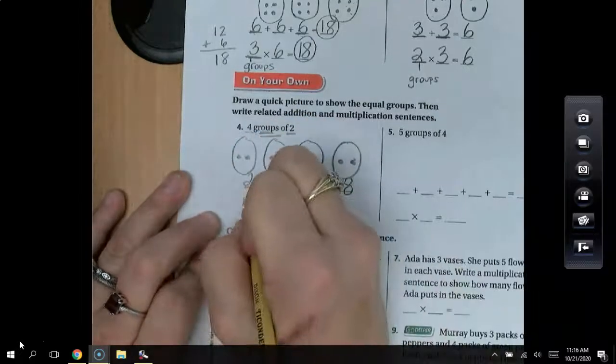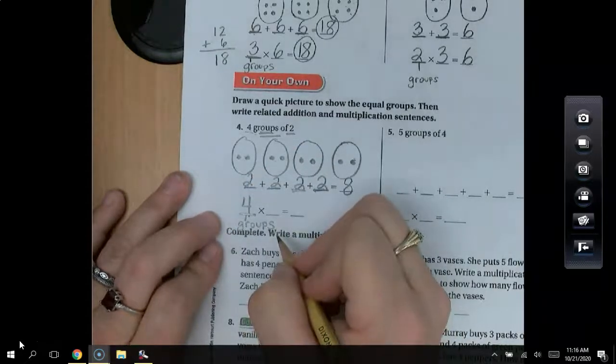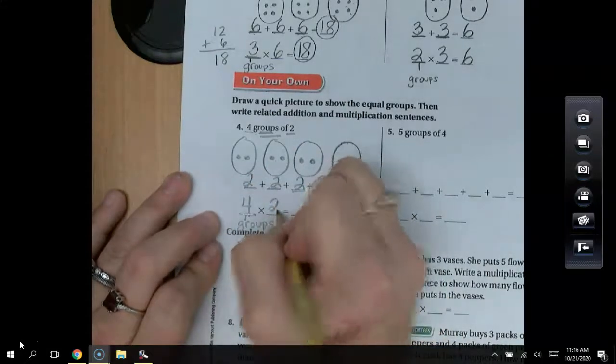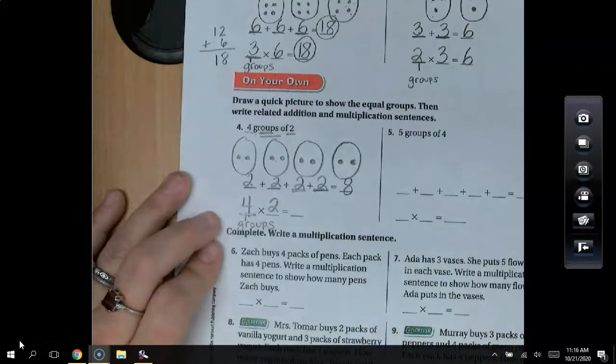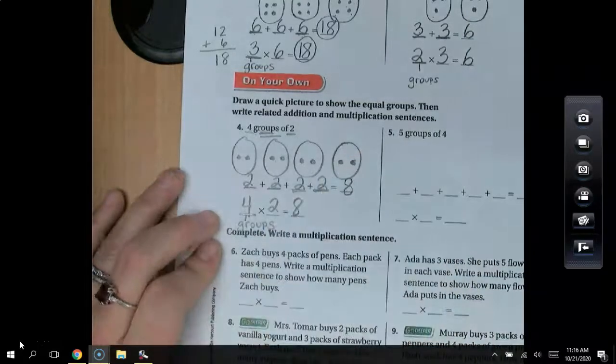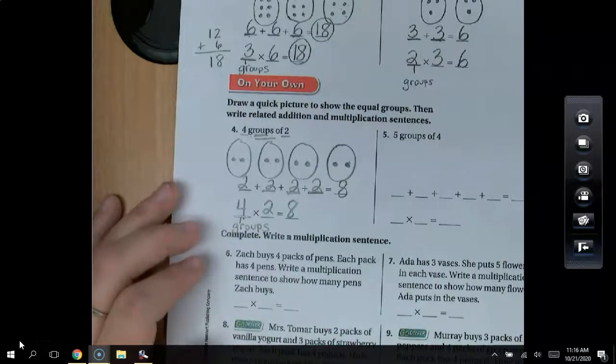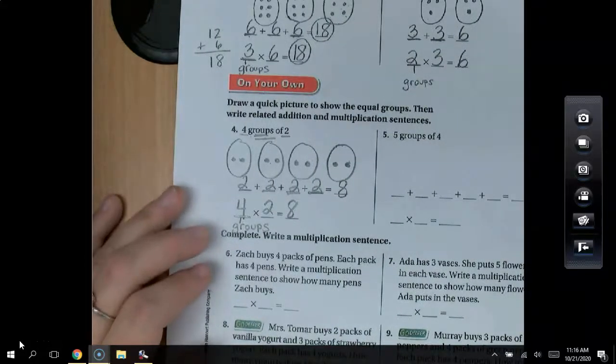So my first factor is 4. And how many are in each group? 2. 4 times 2, boys and girls, is 8. Good job.